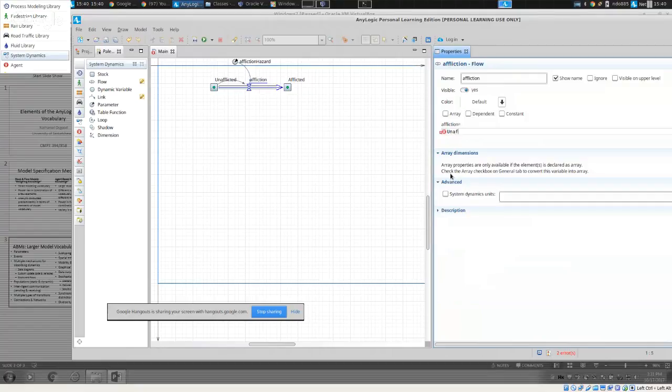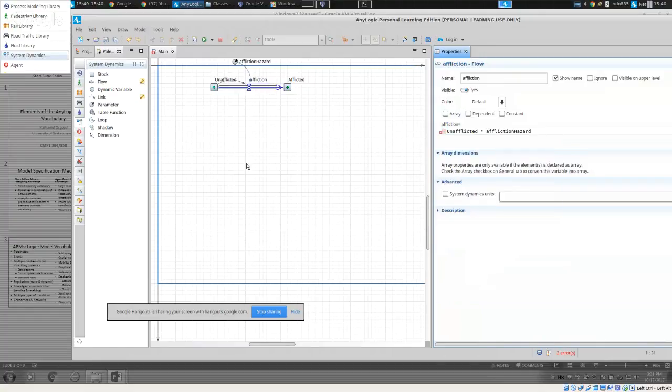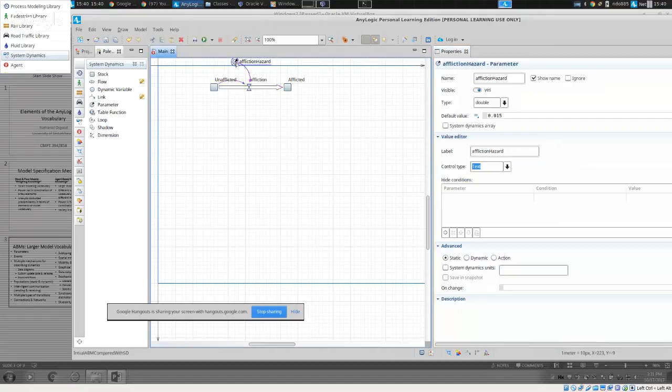Yeah, unafflicted times affliction hazard, right? Okay, affliction hazard, good. And now let's make sure that afflicted starts with initial value 0 and unafflicted starts with initial value 1,000. Okay? And again, affliction hazard, for those who didn't catch it before, should be 0.05.